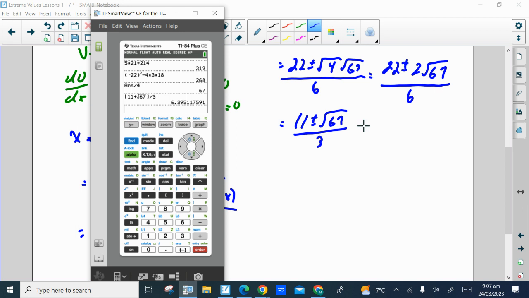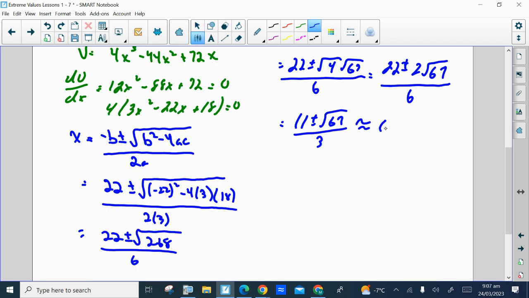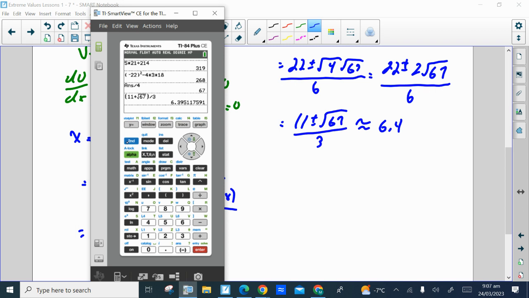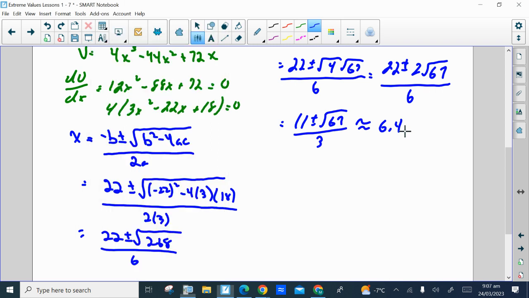11 plus the root of 67, all in brackets, all divided by 3. So approximately 6.4 is one critical number. And then the other one will be where it's 11 minus the root of 67 all over 3, which is approximately 0.94.